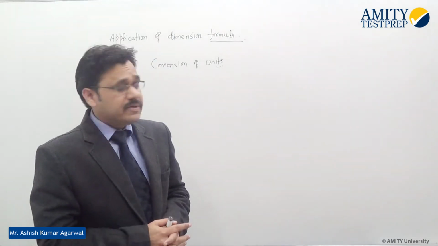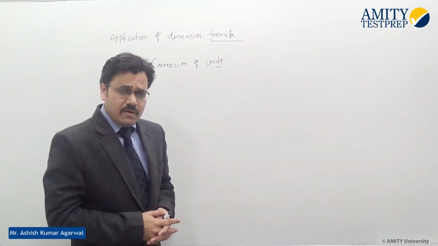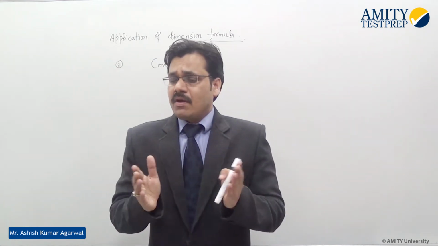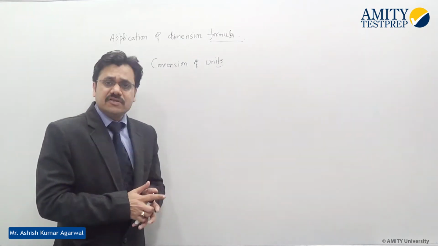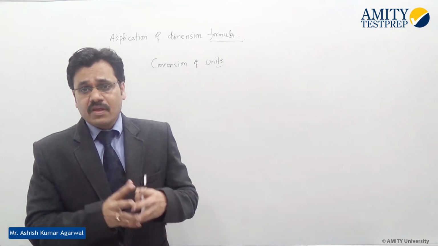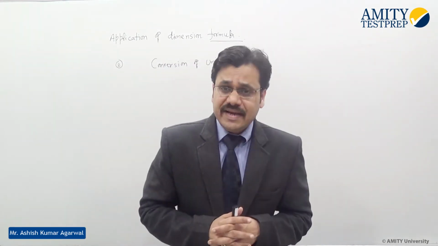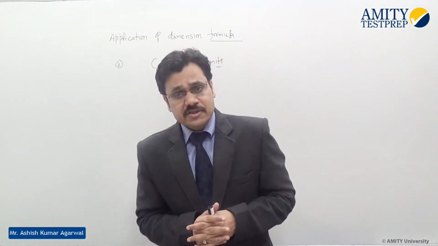I will teach you today another application of dimensional formula. In the previous part we discussed the homogeneity of equations. Now we will discuss the conversion of units. Any physical quantity, as we know, requires two things for its expression: one is its numerical value and the other is units.